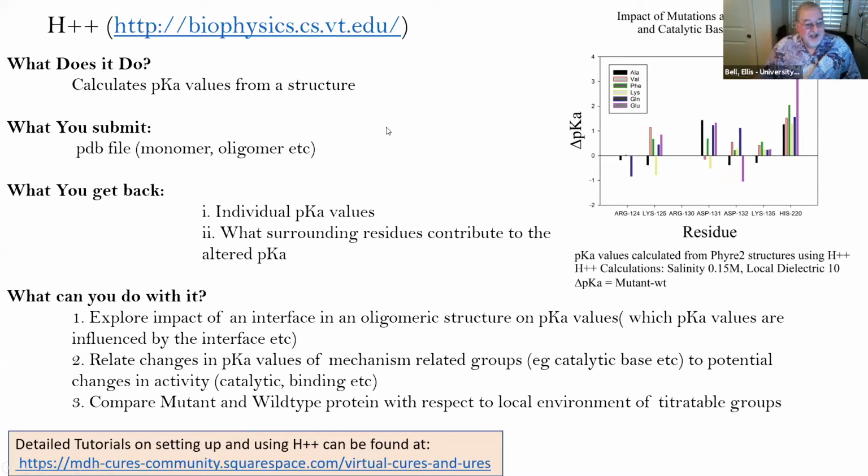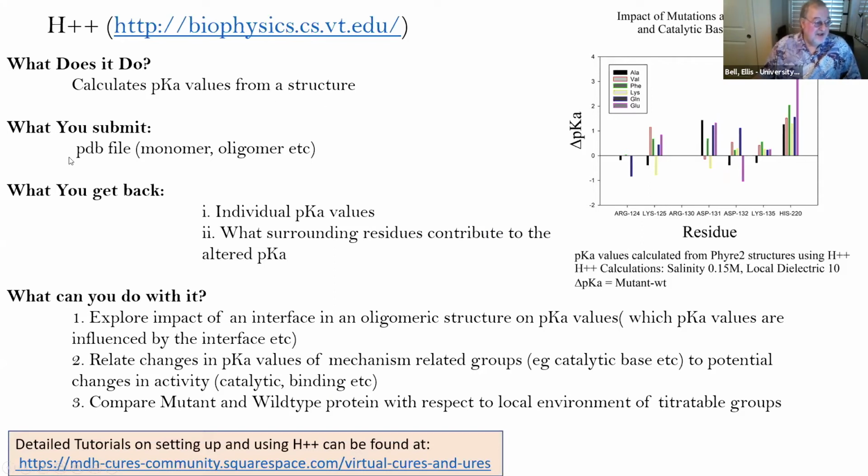So I'm going to do these in the order we use them in the course. This program, H++, is a really cool program. It's out of Virginia Tech. It was developed there, and the server resides at Virginia Tech. But what it does is it calculates the pKa values of protonatable side chains from a structure.